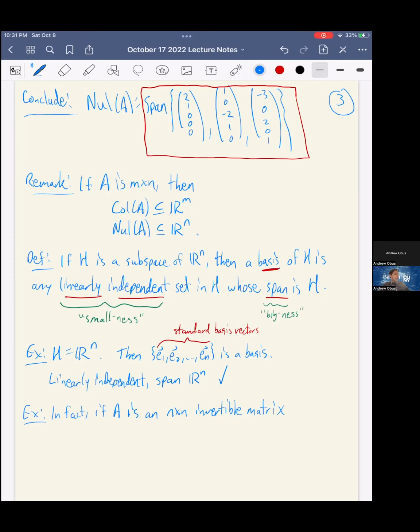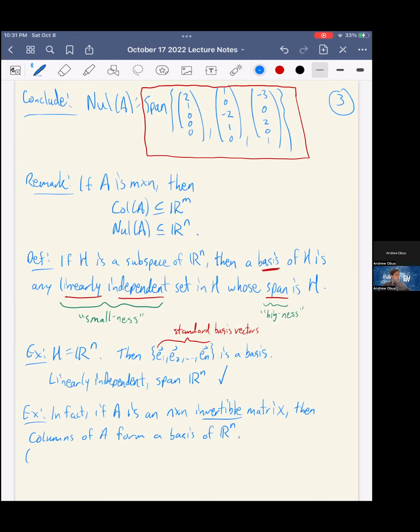And in fact, we know that if A is an n by n invertible matrix, then the columns of A form a basis of Rn.